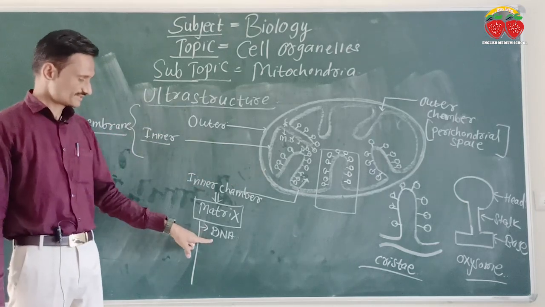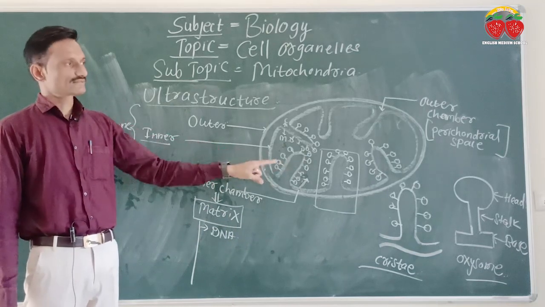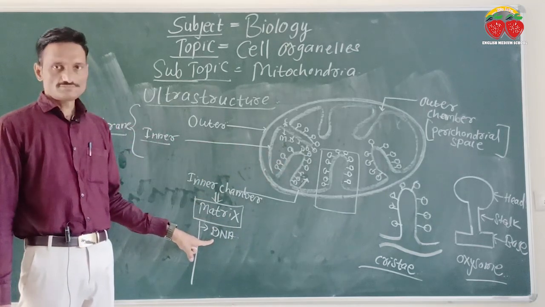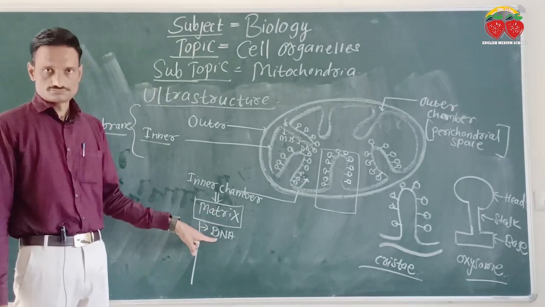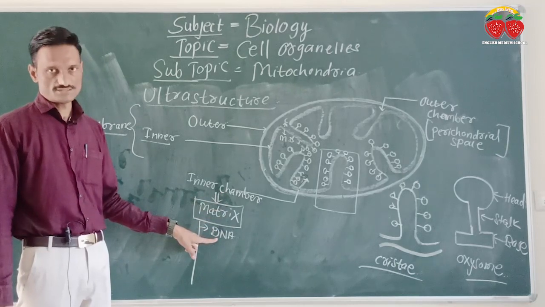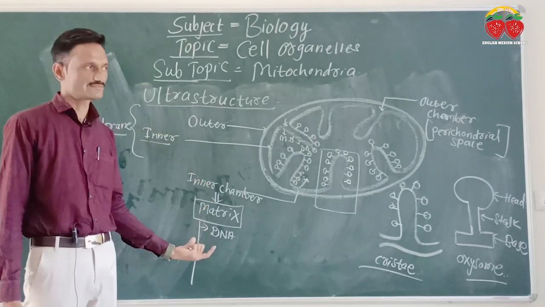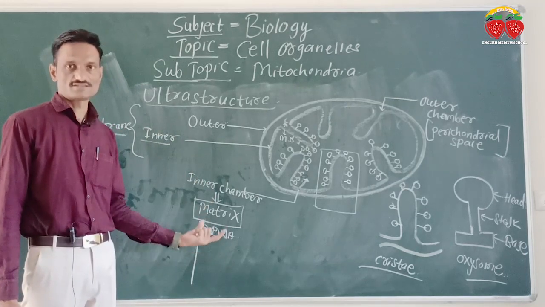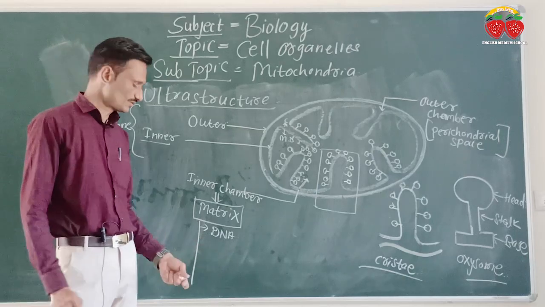Due to the presence of DNA, they show autonomy, means they replicate themselves. They synthesize their own structural proteins. They synthesize their own RNA: mRNA, tRNA, rRNA. Such RNAs are synthesized inside the mitochondria due to the presence of DNA. So they have their own DNA.